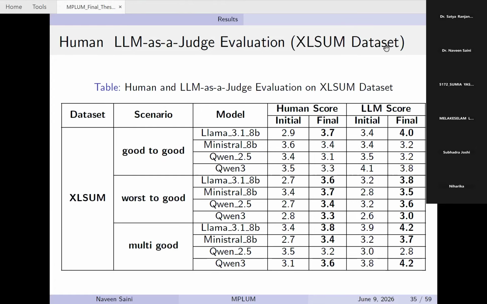Then on the Urdu dataset, in most cases again the human score was better than the existing ones, and the maximum score was 3.8 using Llama. In the multi-code scenario, for the LLM score, the maximum score was 4.2, again with Llama 3.1.